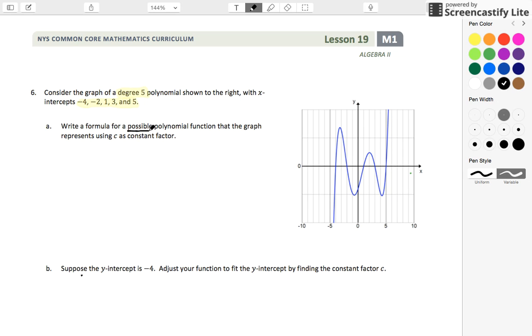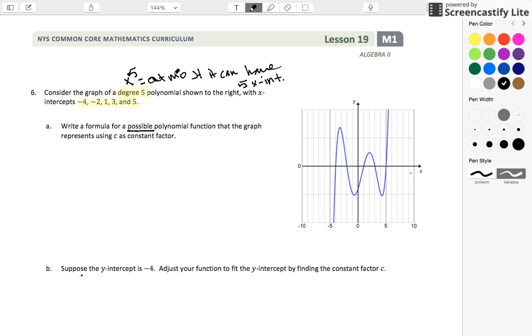So it says possible, right? So remember, we have this degree, it's x to the 5th power. We know that at most it can have 5 x-intercepts.